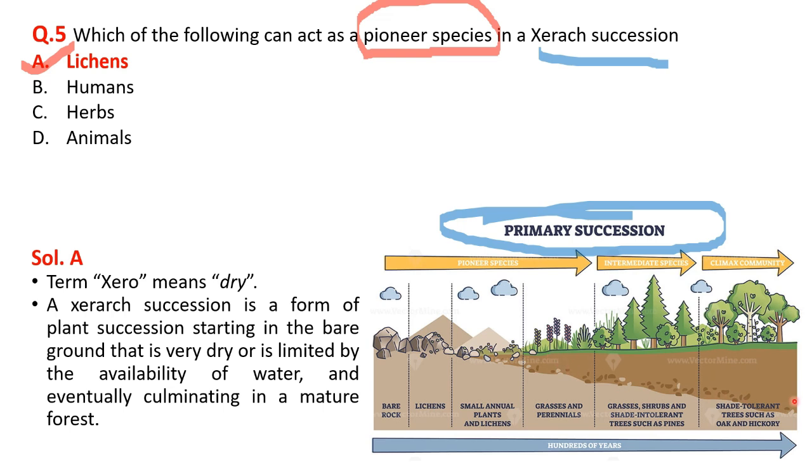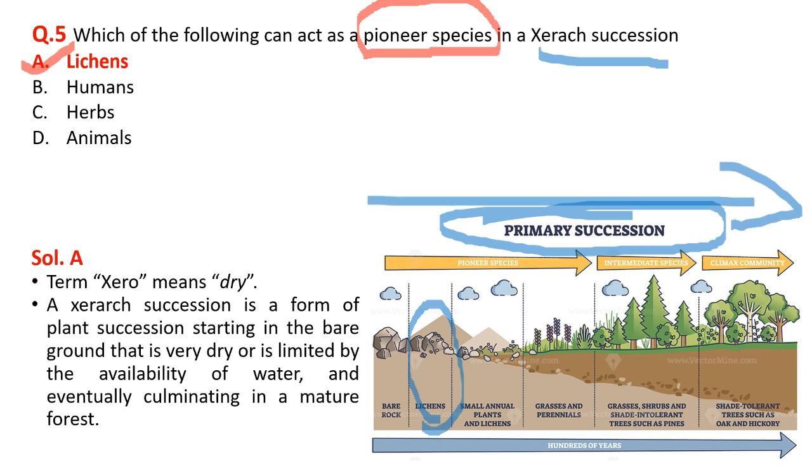Again the soil increases. So as the depth of the soil or the quantity of the soil keep increasing, the vegetation also keeps increasing. So here the meaning of the term xeric is dry. So how do we go from dry to the greener side, and for that what is important? So this part, that is lichens, is very important. Then only the conversion happens, or else it will not happen.